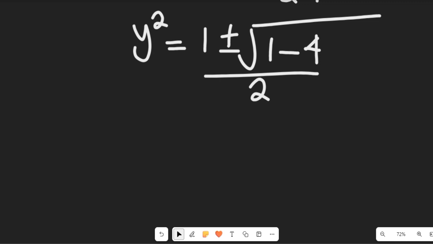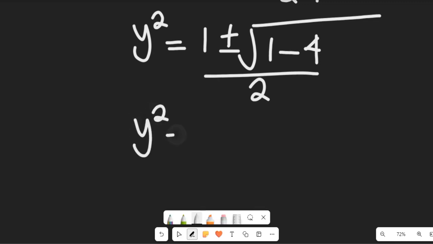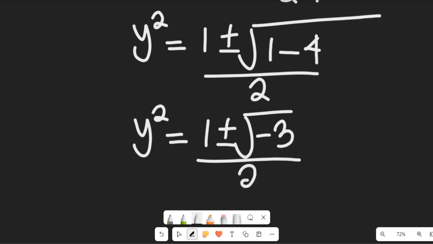And what will this give us? This will give us y squared equal to 1 plus or minus square root of -3 divided by 2.